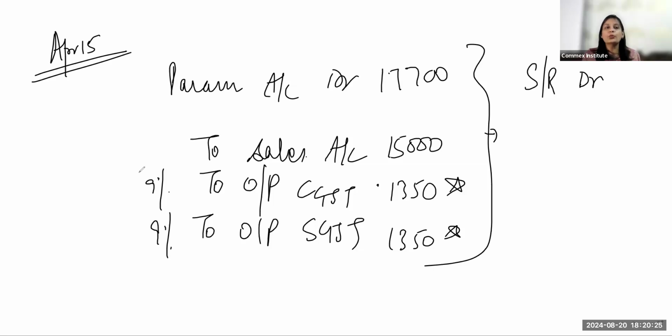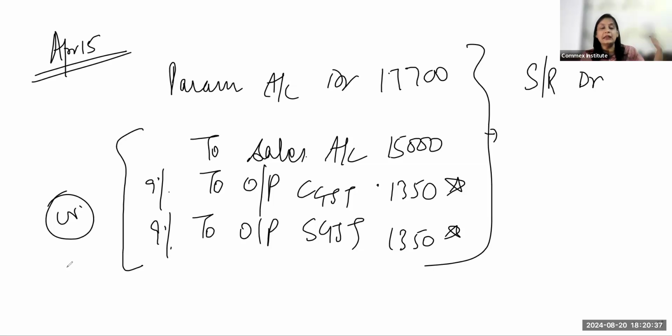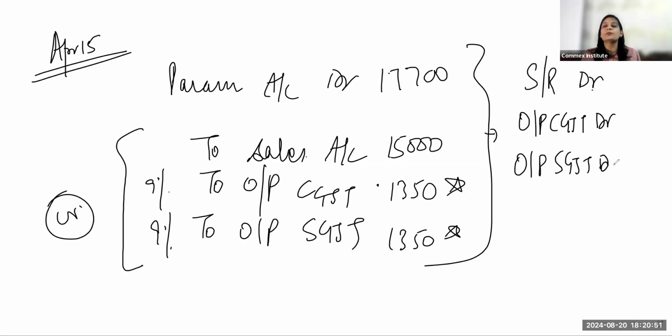When our customer doesn't like the goods and returns them back to us, it is return inwards, or you can say sales return. So it will be debited. And also output CGST would be debited and output SGST would be debited.